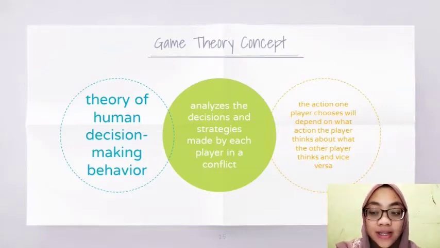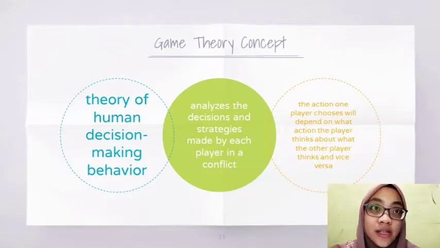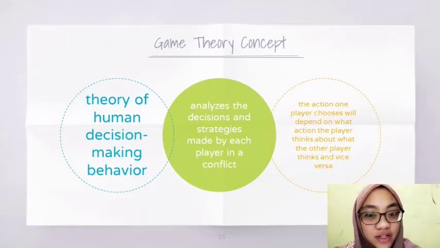This interaction arises in the presence of uncertainty and information asymmetry. This makes game theory suitable for understanding conflicts between agent and principal, which are often caused by information asymmetry in the accounting field. The action one player chooses will depend on what the player thinks the other player thinks, and vice versa.